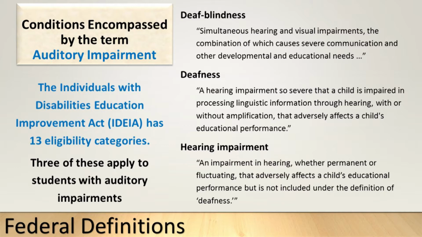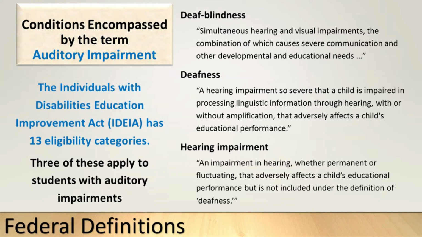Deafness is a hearing impairment so severe that a child is impaired in processing linguistic information through hearing, with or without amplification, which adversely affects the child's educational performance. Hearing impairment. An impairment in hearing, whether permanent or fluctuating, adversely affects the child's educational performance, but is not included under the definition of deafness.